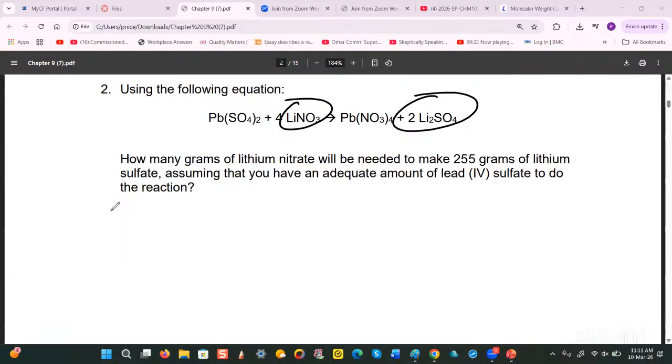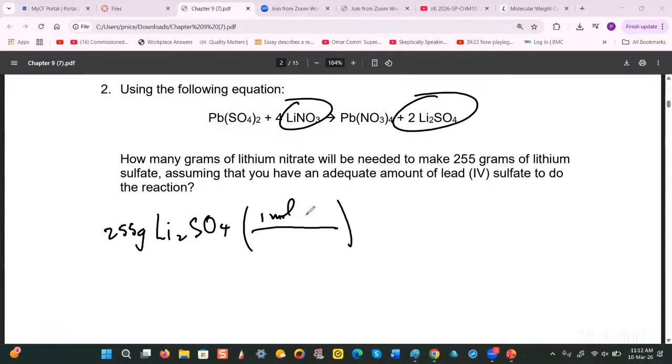Start with 255 grams of lithium sulfate. Okay, so 255 grams of lithium sulfate. And what do you multiply that by? 1 mole of lithium sulfate above, and below would be the molar mass.